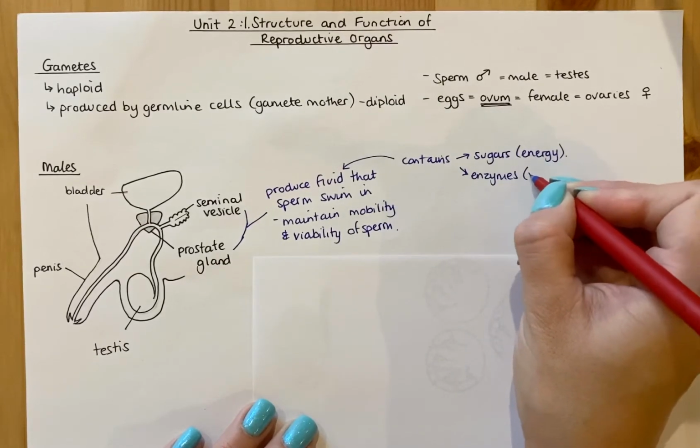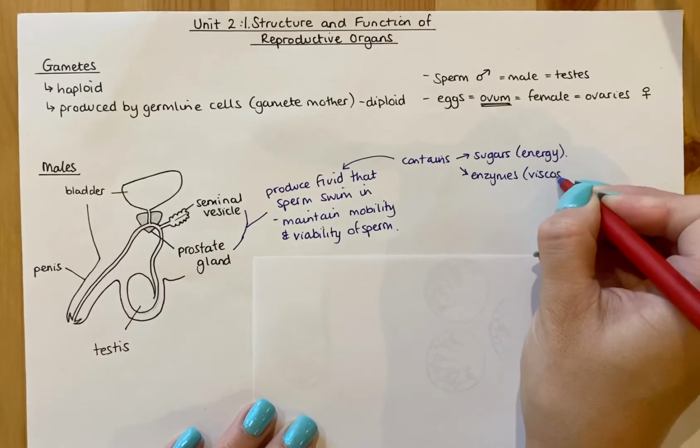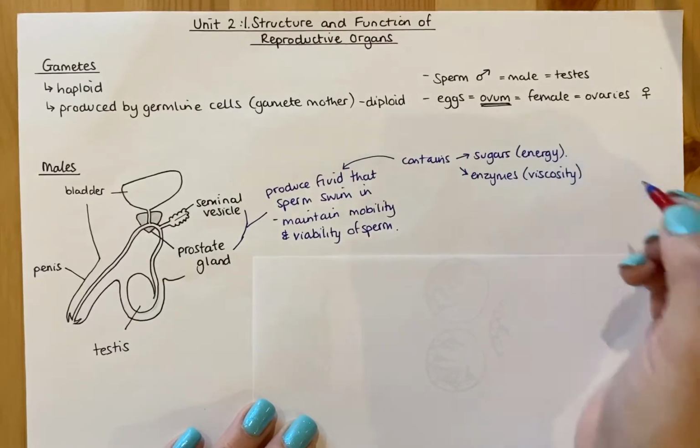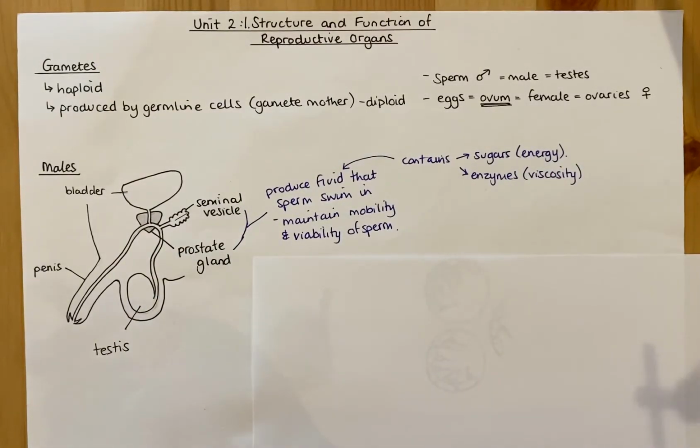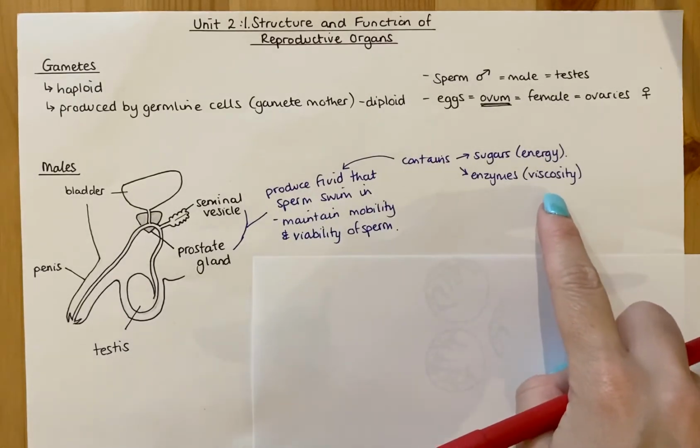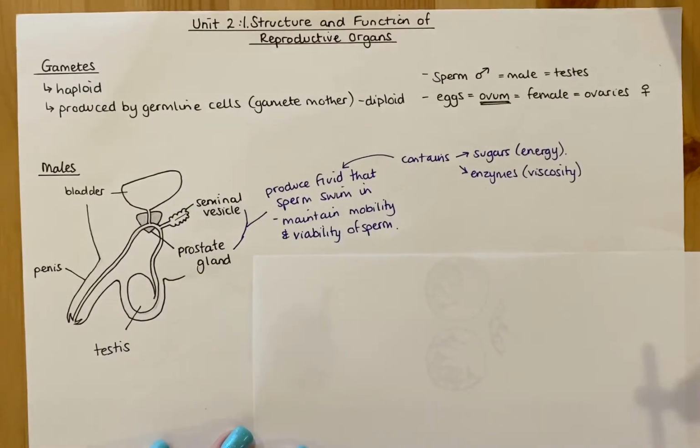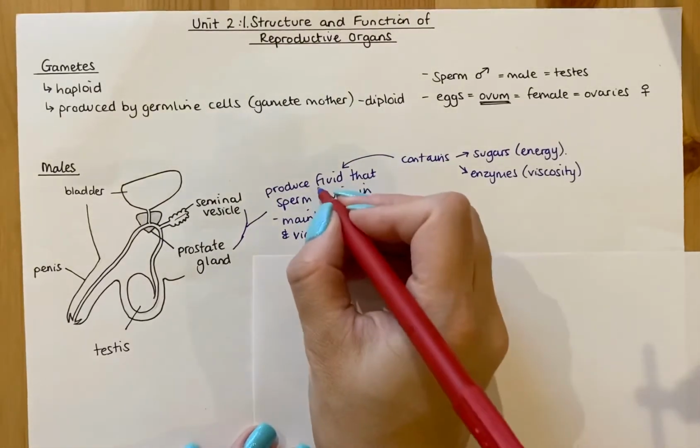And those enzymes will maintain what's called the viscosity. Now viscosity is a measurement of how fluid a substance is. So if something was quite viscous, it'd be quite thick. If it's less viscous, it'd be thinner. So that maintains how fluid that fluid actually is, how viscous it is. Okay, so these two structures produce the fluid that the sperm swim in.